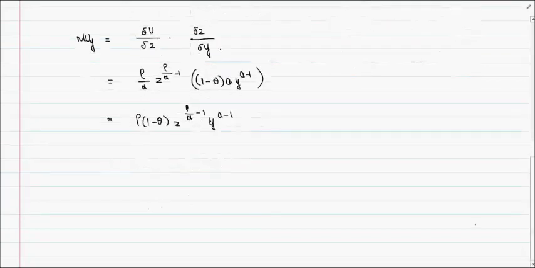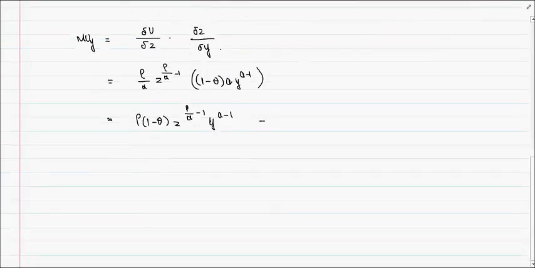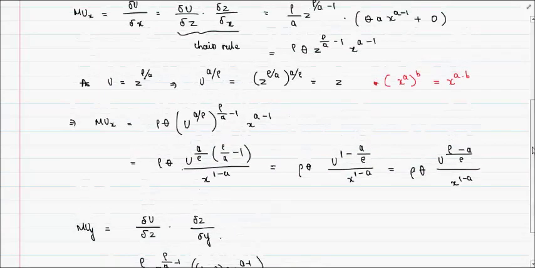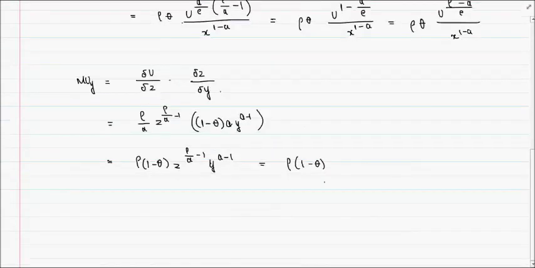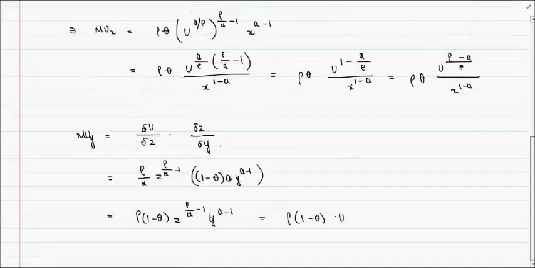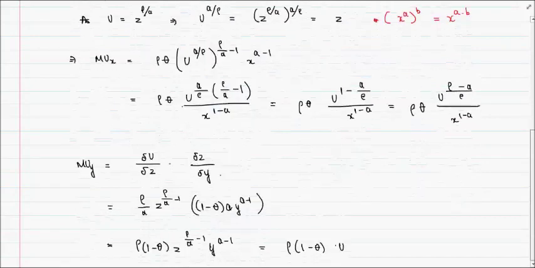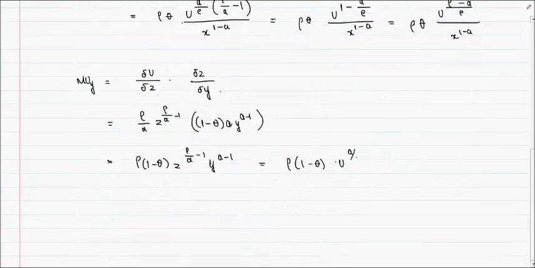Again, we want to express this in terms of the utility function, and we've got exactly the same z as before, so I got rho 1 minus theta, and my z is just equal to u to the power a on rho, and everything to the power of rho on a minus 1 times y to the power a minus 1.